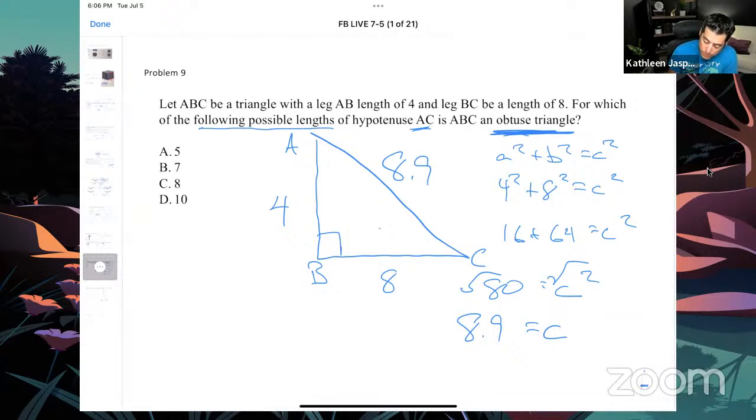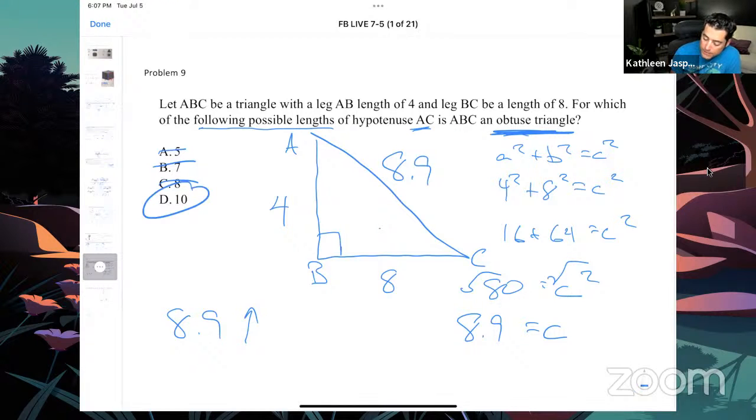So for obtuse, I can't write it as 8.9 greater than. Just know that 8.9 has to be the limit. It's got to be greater than 8.9. So 5 doesn't work, 7 doesn't work, 8 doesn't work, right? So the only one it could be out of these possible answers is 10.